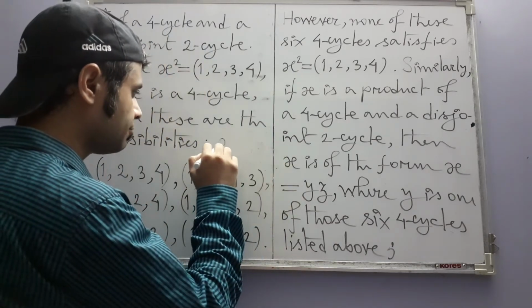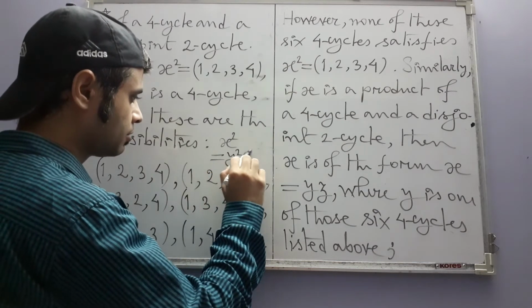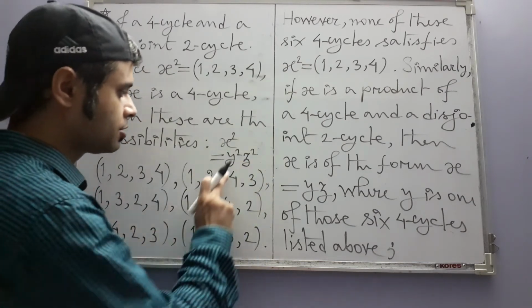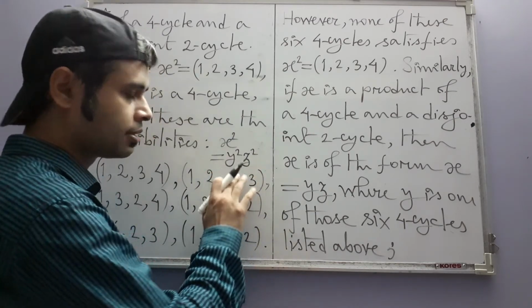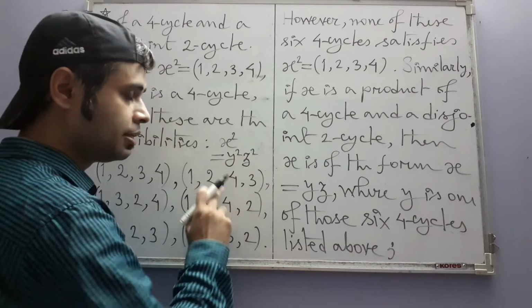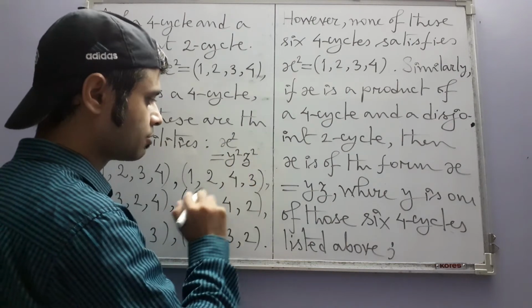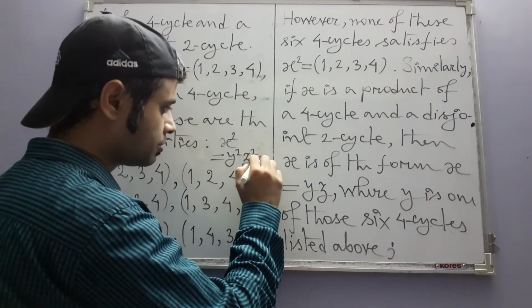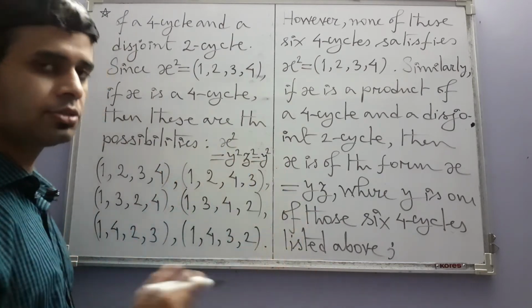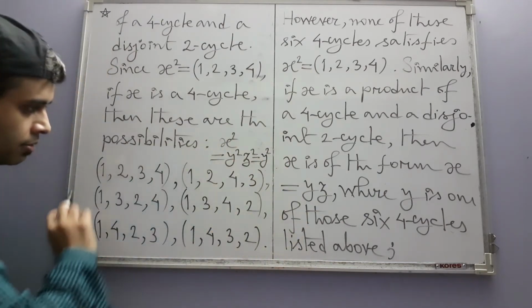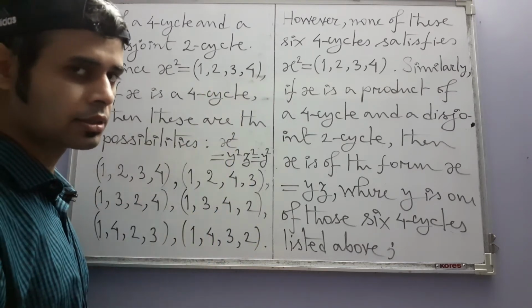If you calculate x squared, then that is actually equal to y squared z squared. Why? Because y and z being disjoint, disjointness plays a role here. Being disjoint, they commute, so that's why x squared becomes y squared z squared. But because z is a 2-cycle, actually x squared is y squared. So again we come down to squaring these things which do not give us this, so that's it, game over.